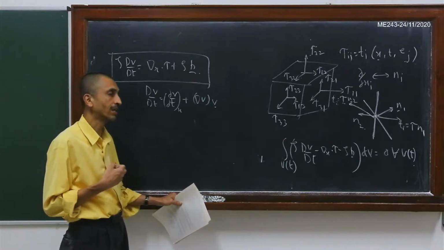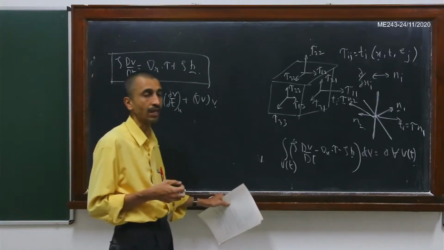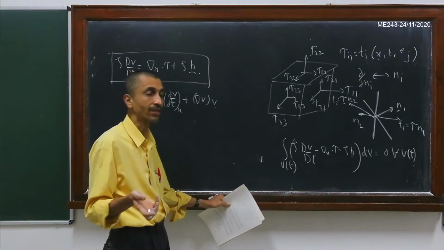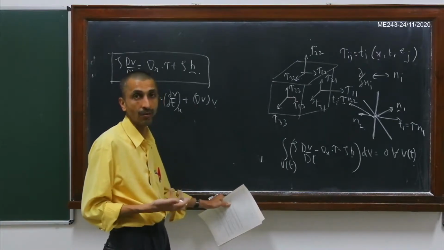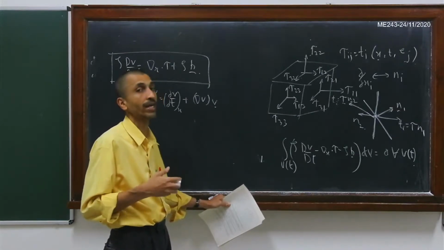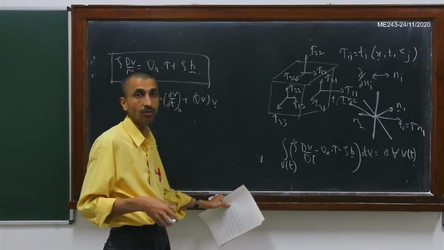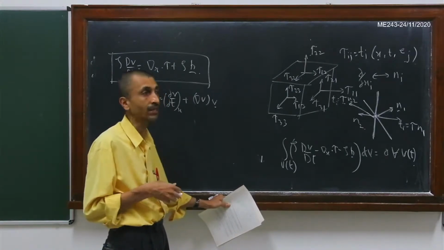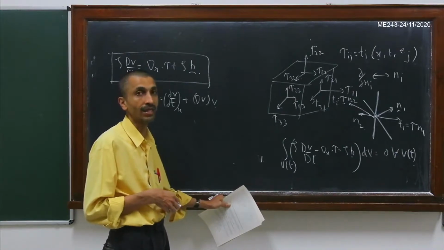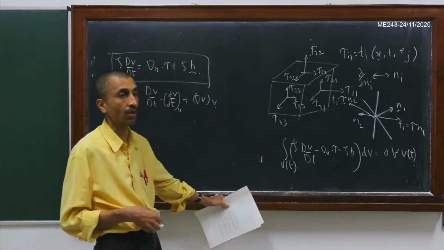Because when we study mechanics of particles, for a single particle, the balance of linear momentum implies balance of angular momentum, and vice versa. So if you talk about single particles, then these two axioms are not separate. But when we come to material volumes and deformable bodies, we have to adopt the balance of angular momentum as a separate axiom, and that was not obvious.